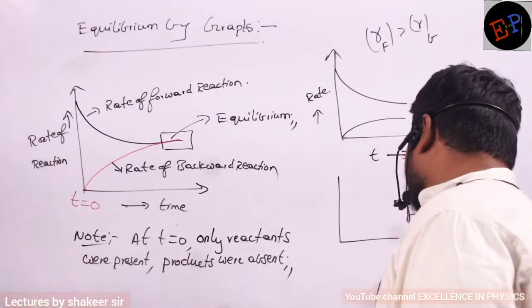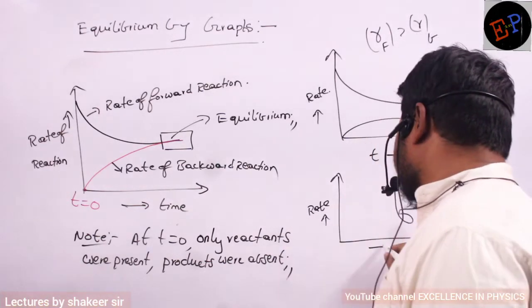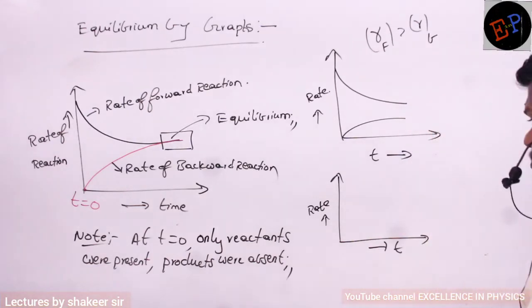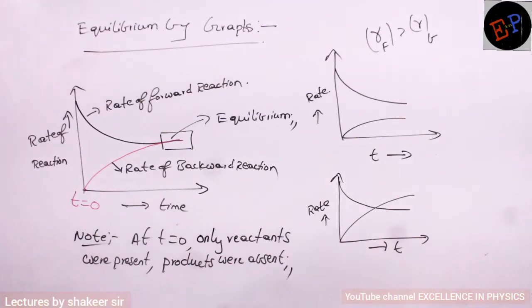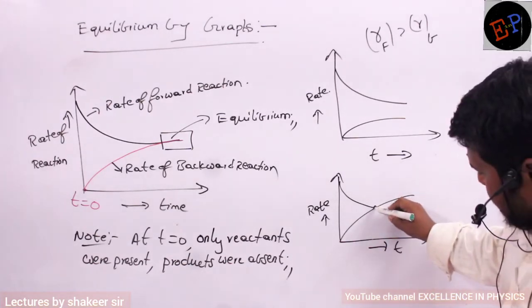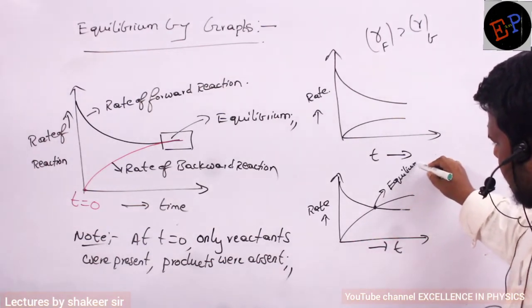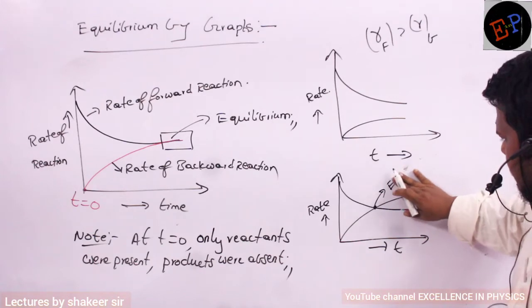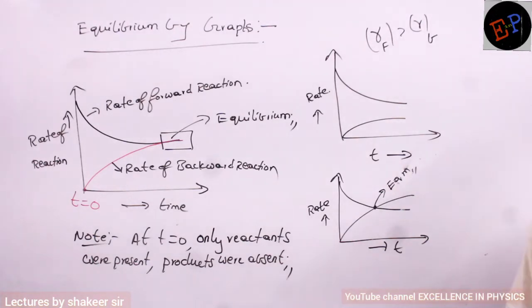Similarly, if I draw one more graph like this, with rate of reaction on the y-axis and time on the x-axis, what is the meaning of this one? This is the point where the reaction is in equilibrium.